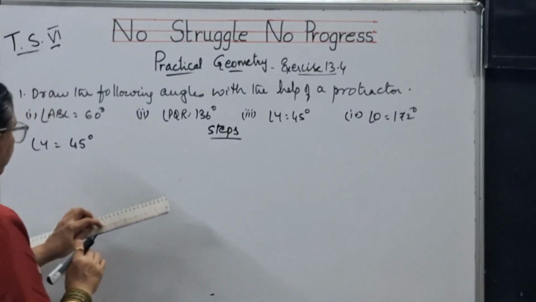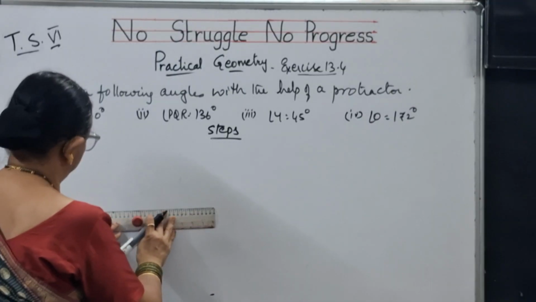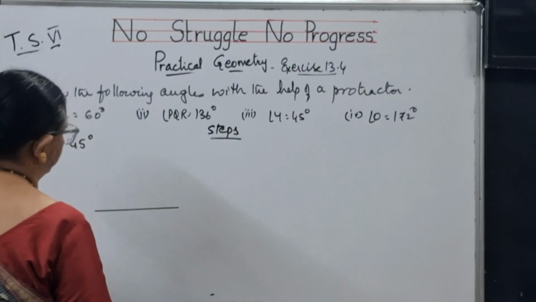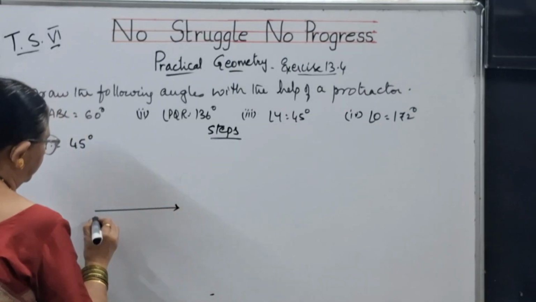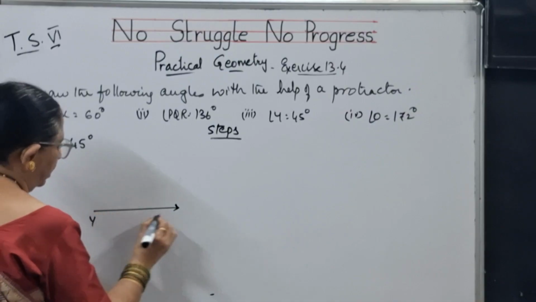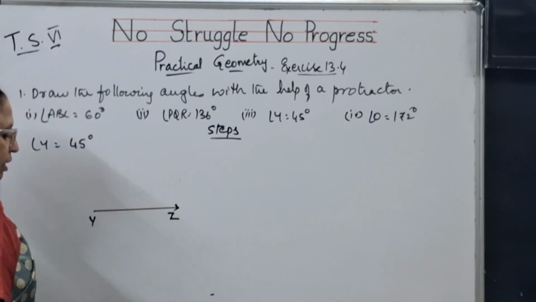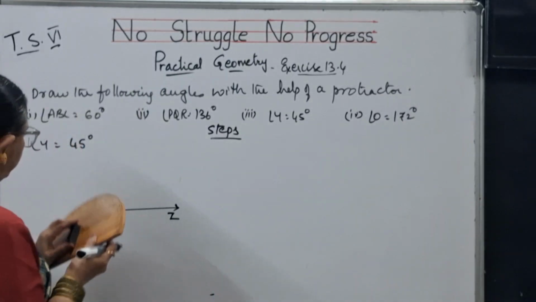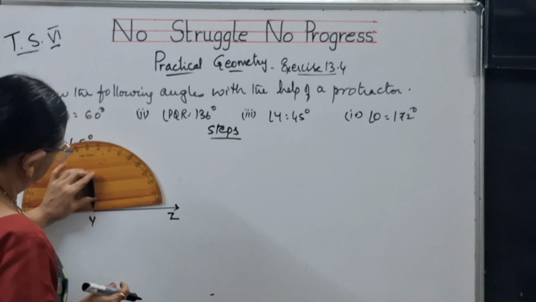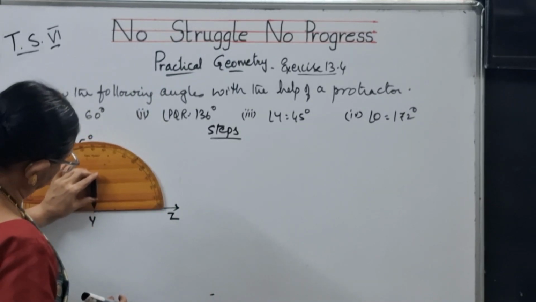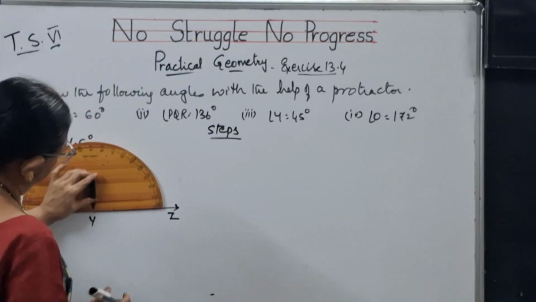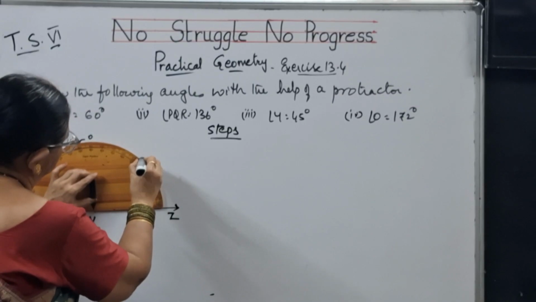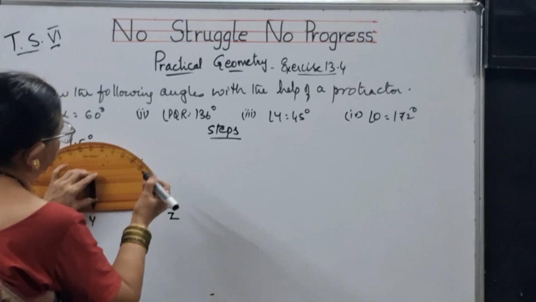The center one Y. The center letter. Vertex is Y. So let me draw Y and Z, a ray, and then keeping the center at Y, 45 degrees. So 30, 40, 45 is here. This is 45.